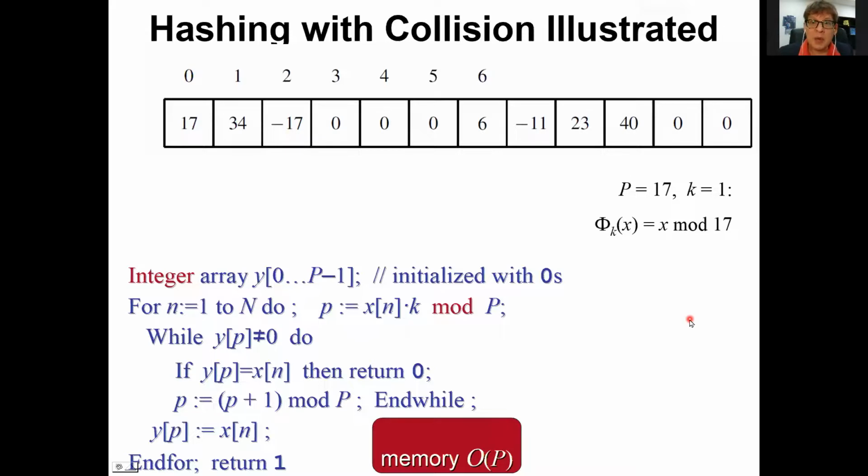So the memory consumption is now O of p, and the running time is, in the worst case, n times p, but p should be larger. On the other hand, hopefully not much larger than n, so that in the worst case this is a quadratic time algorithm, but in practice this is a rare case. This leads us to the question of average case analysis of algorithms as opposed to worst case.